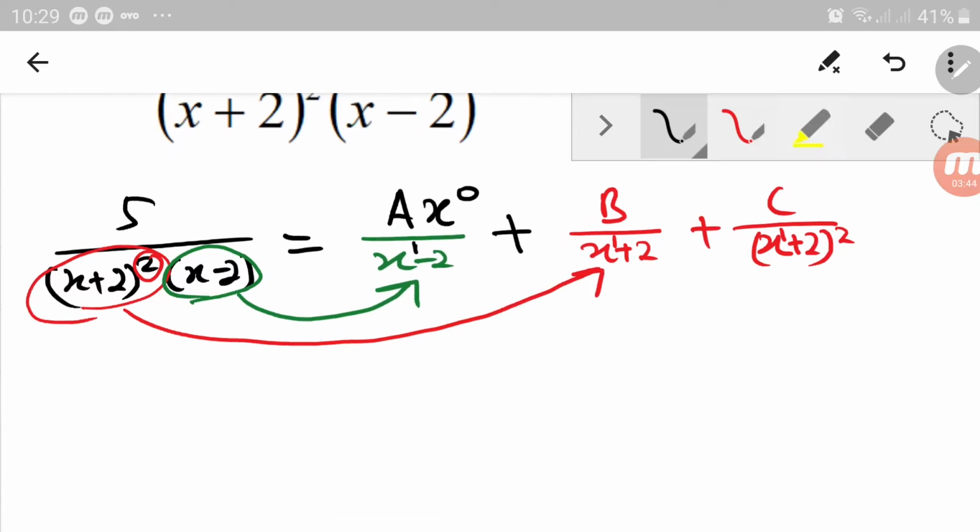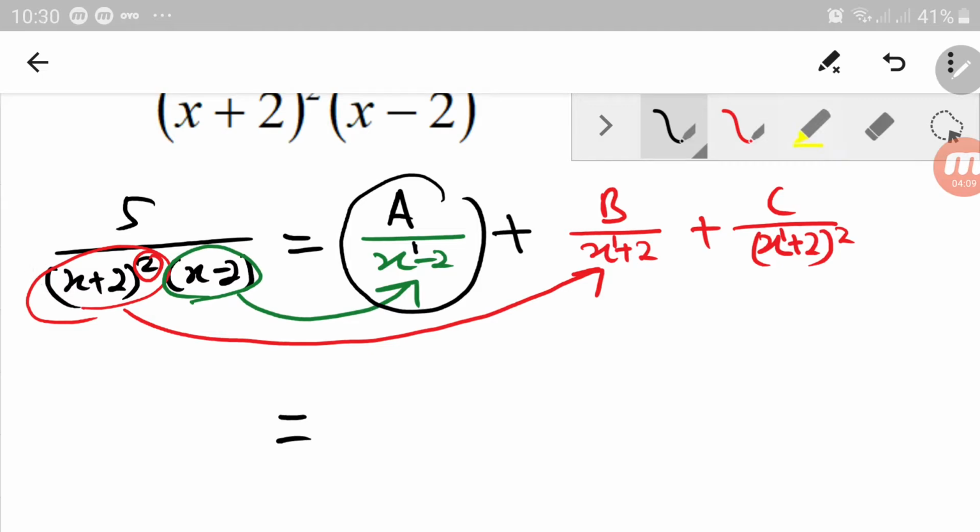Next we have to combine these 3. We can use the trick I shared in the previous video, which is that we write what the term doesn't have. Over here in this fraction, A already has x minus 2.